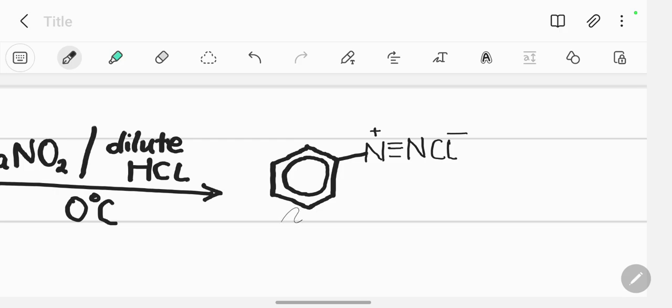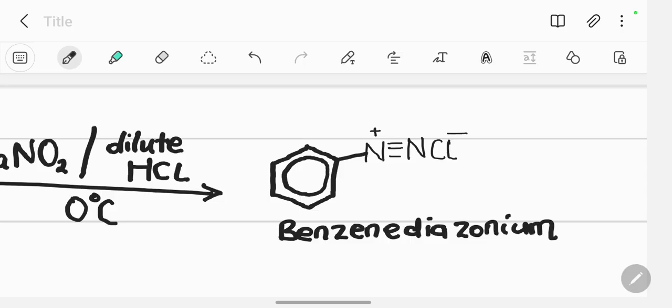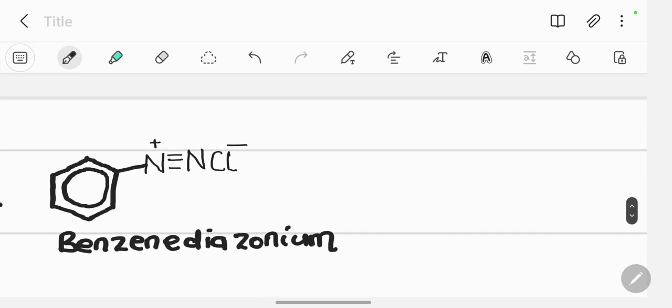So this is our benzene, benzene diazonium chloride. So that is it.